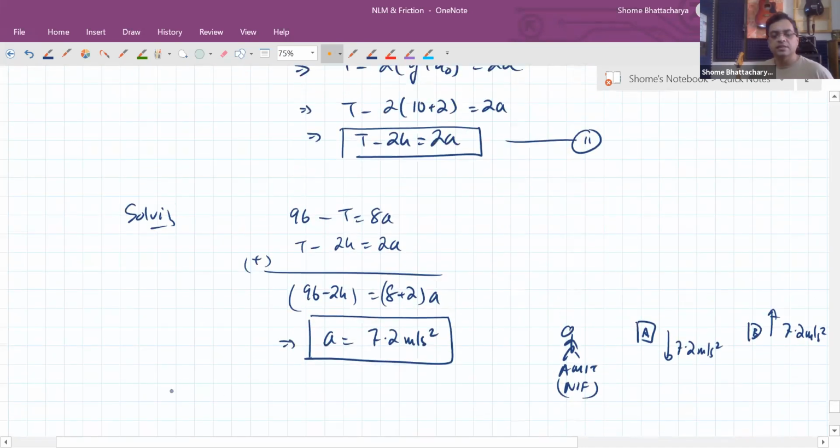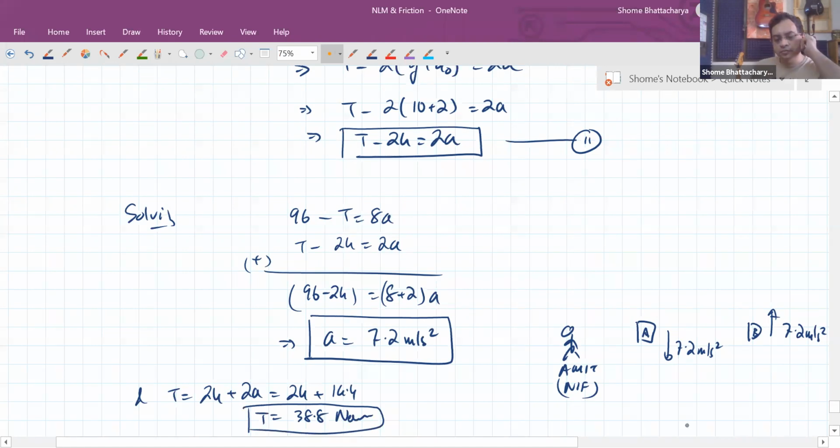Once you got this acceleration, we can see that this is the tension. Okay.